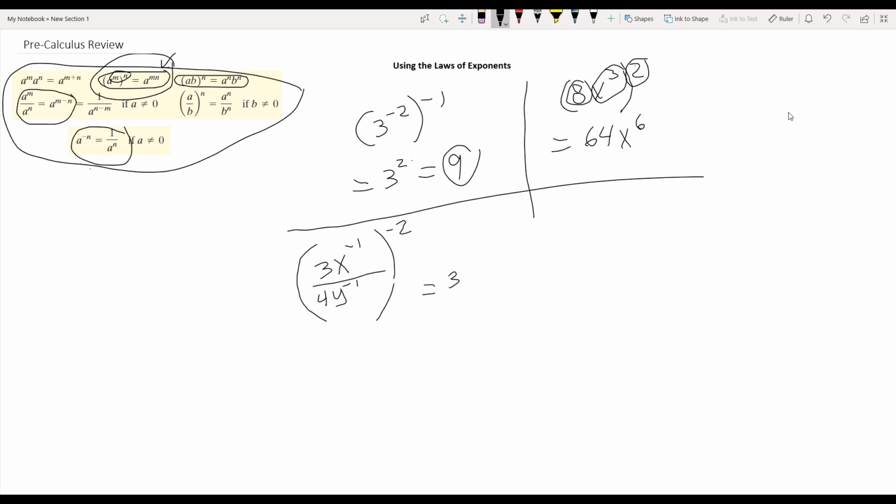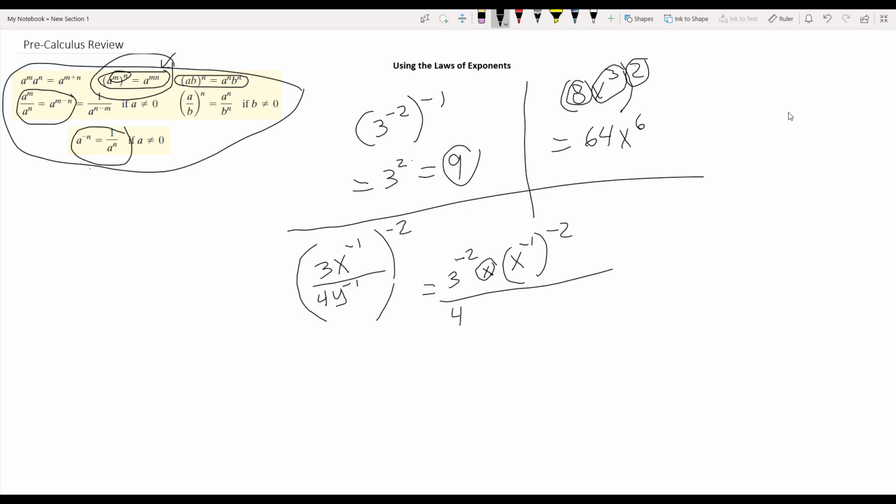So let's start from the top. It will be 3 and the coefficient outside, 3, and you got that -2 there. Now you're multiplying times, well, now you have to do something with the x, right? x to the minus 1, and that minus 1 is also being squared to the -2.